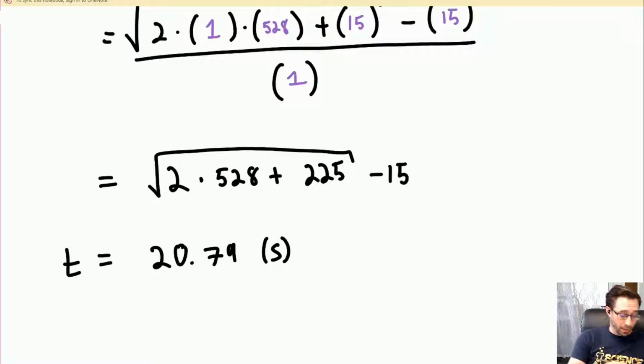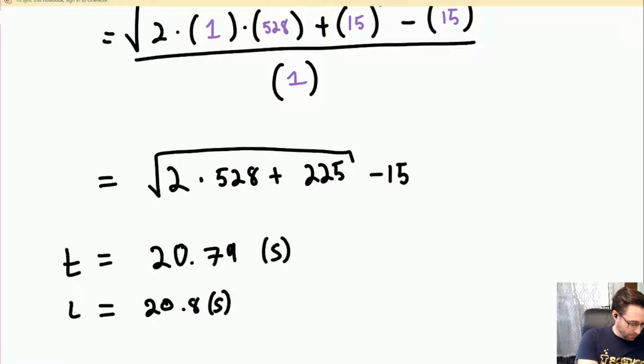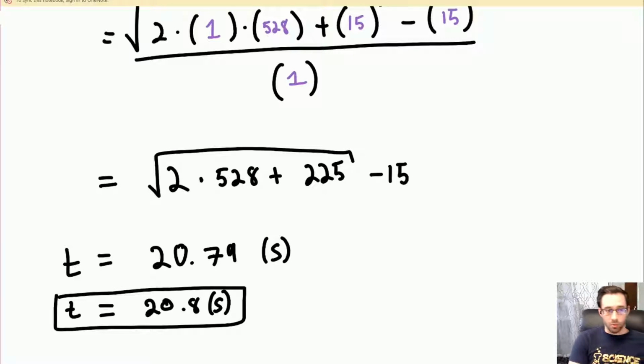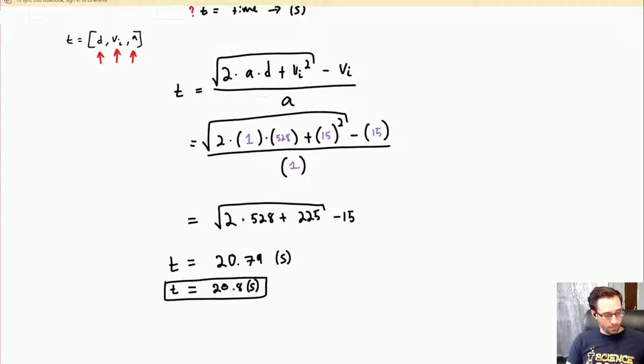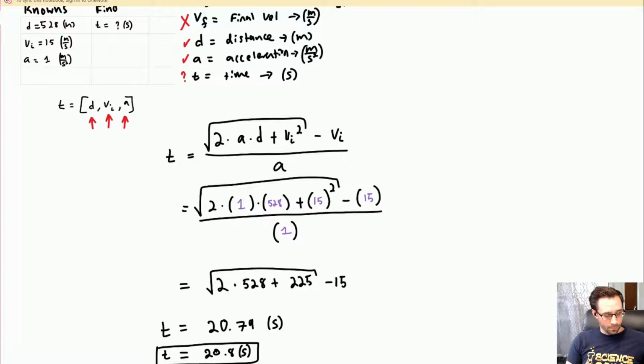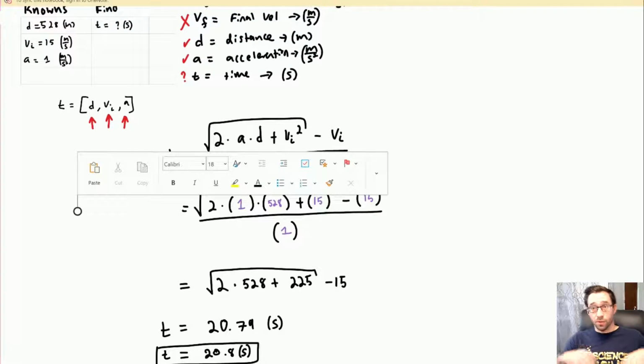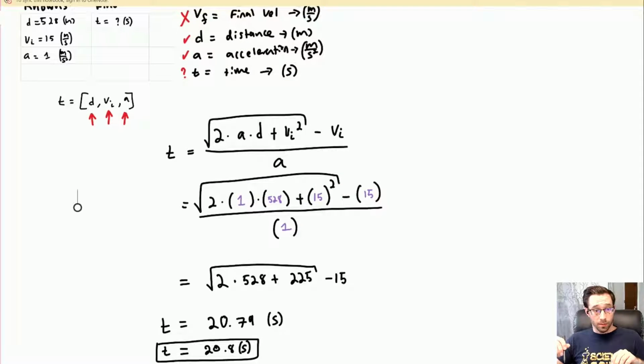Correct, 20.8. So that would be the answer. Cool. So I do this process every single time for each one of the problems. Okay.